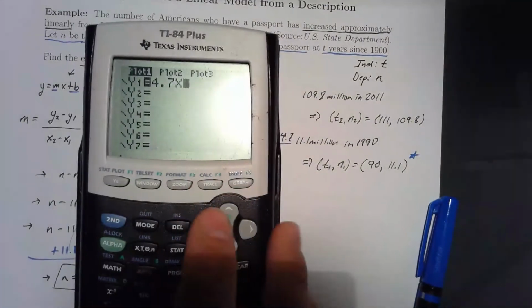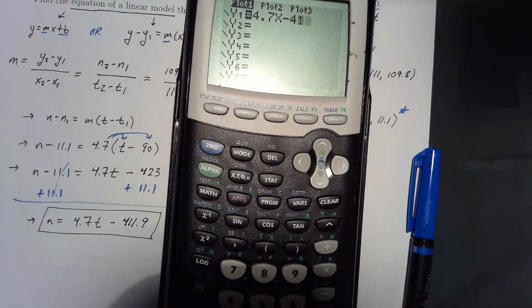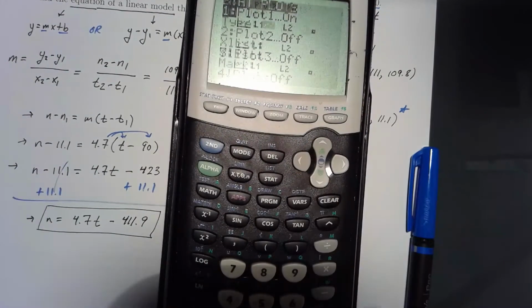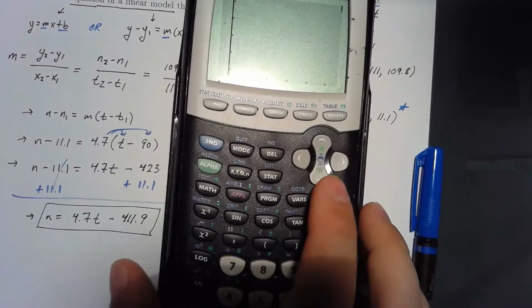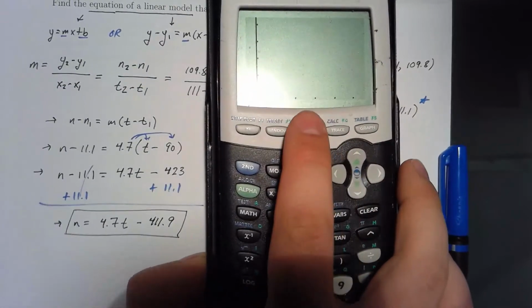But 4.7x minus 411.9. I might have to turn my stat plot off. I do. Alright. And I might have to modify my zoom button on my calculator.